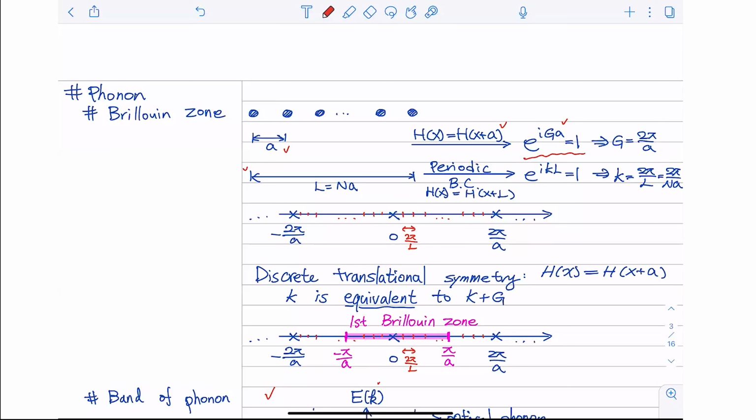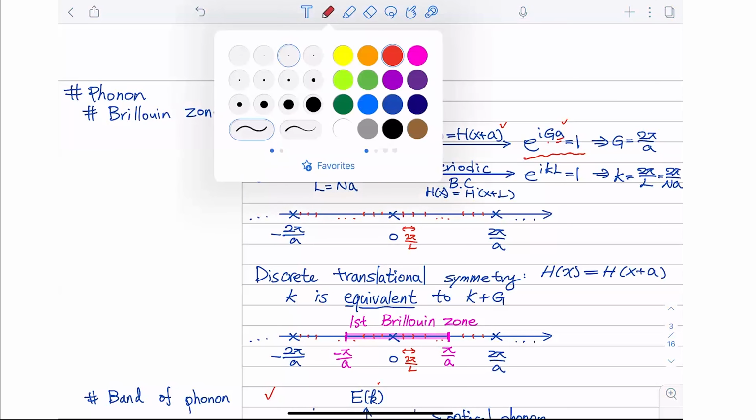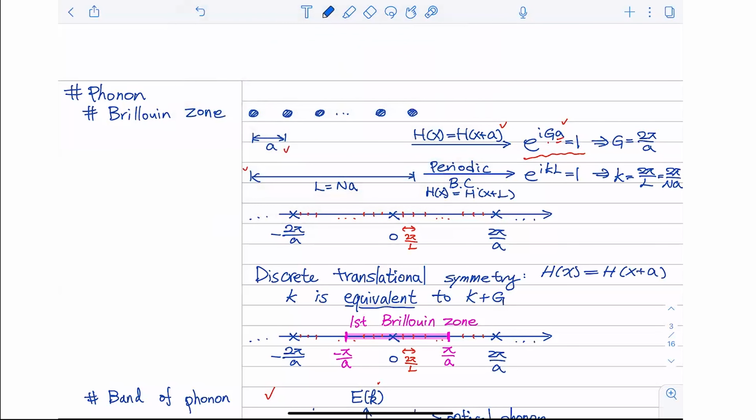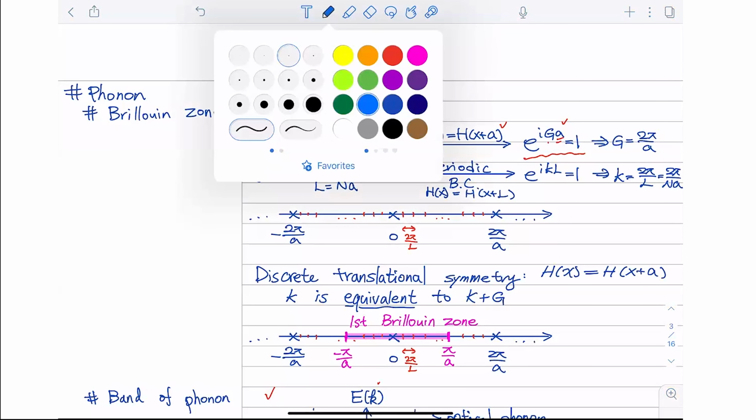Here a is the lattice constant and G is the characteristic wave vector corresponding to this periodicity a. And it turns out that in order for that to be satisfied, G needs to be 2 pi divided by a times an arbitrary integer n.